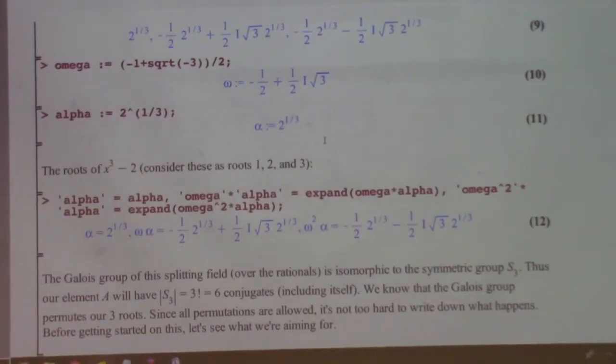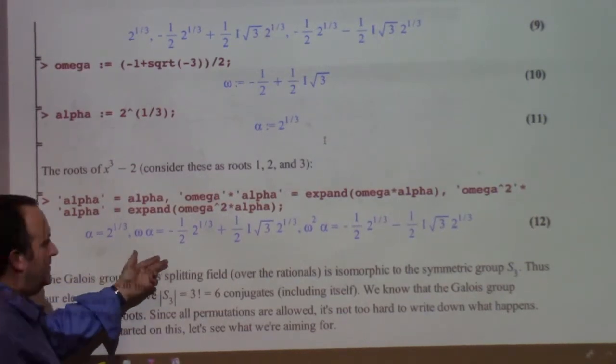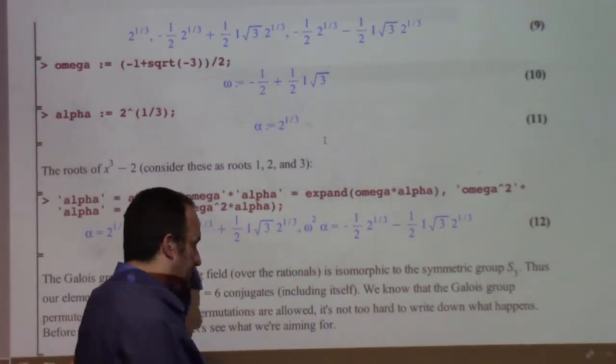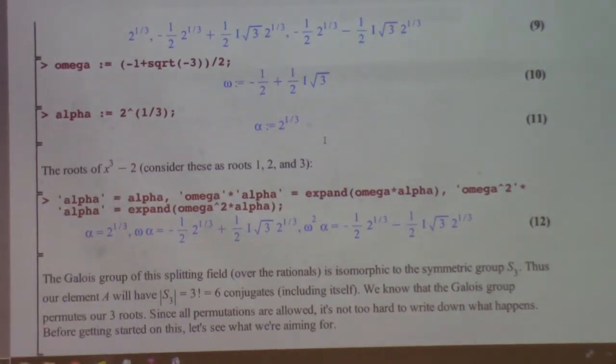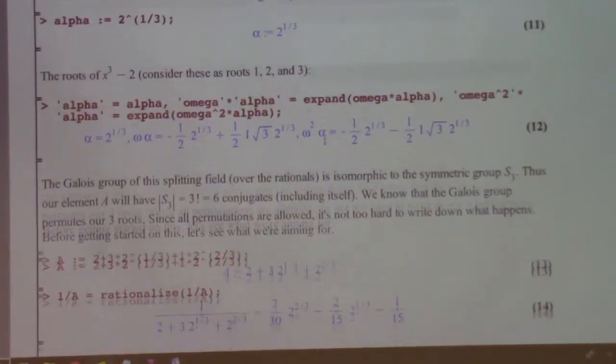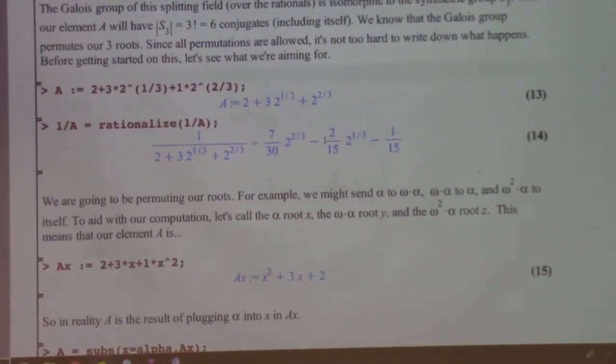He calls them alpha, and then omega alpha and omega squared alpha. Those are the specific Cartesian forms for the roots. What's the Galois group going to do? The Galois group is S3. We've talked about this before, and it permutes the roots. So there's 6 things in the Galois group.